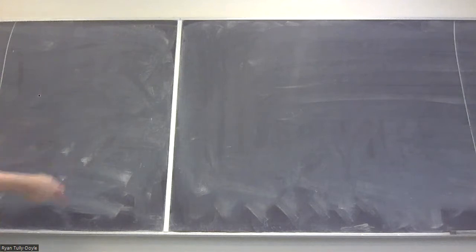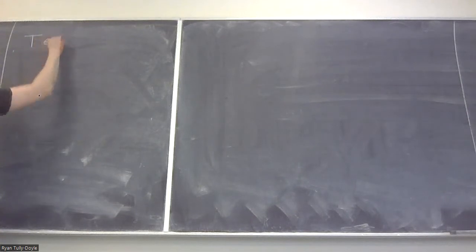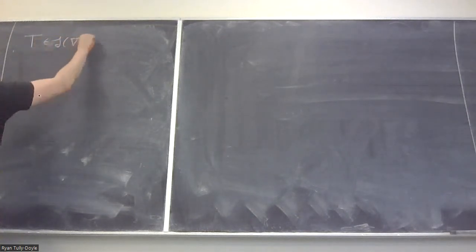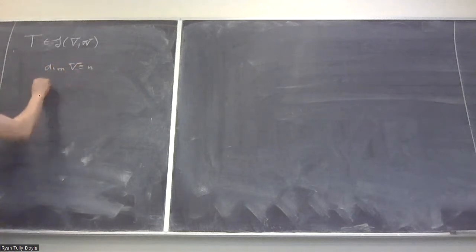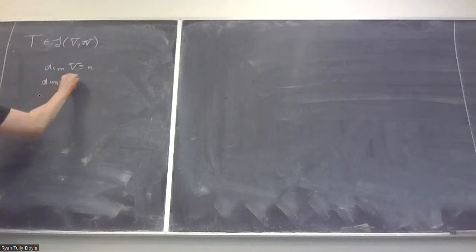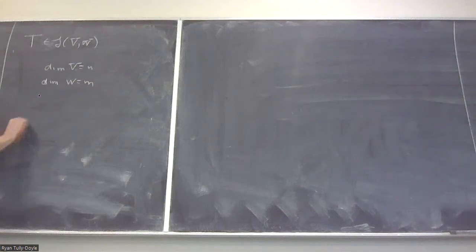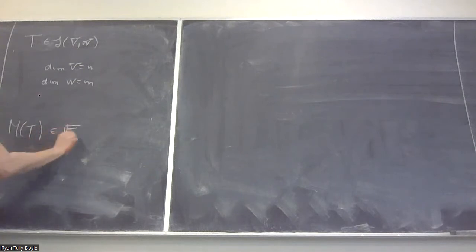So the first big idea of chapter 3 is that for any linear operator T in L(V, W), I'm just going to put all the pieces together. If you have a linear map from a vector space V to W, and the dimension of V is n, and the dimension of W is m, then there's a unique transformation that gives us a matrix of T. And the matrix of T is going to be in the m by n matrices.